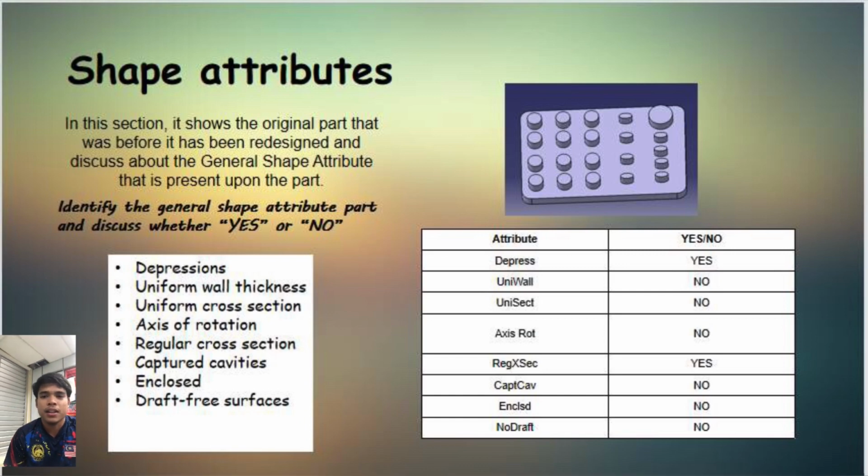Then identify the general shape attribute of the part, discuss whether yes or no. First, there are 8 characteristics: press, uniform wall thickness, uniform cross section, axis of rotation, regular cross section, capture cavity, enclosed, draft free surface.